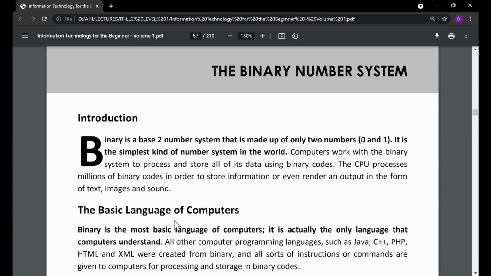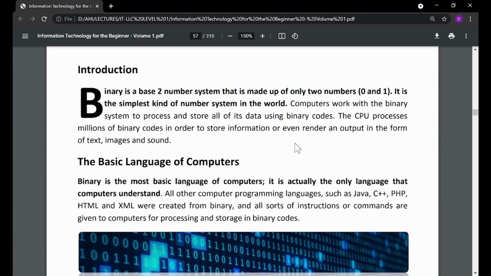Binary is the most basic language of computers. It is actually the only language that computers understand. I repeat that. It is actually the only language that computers understand.